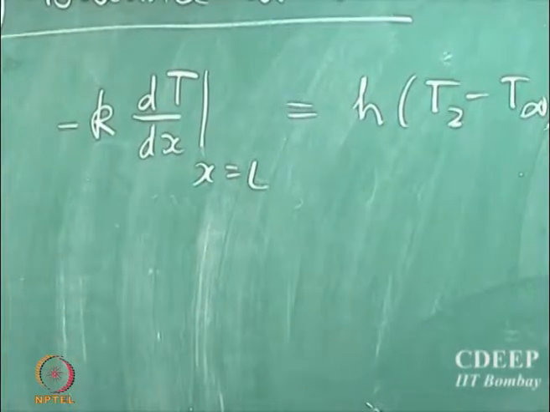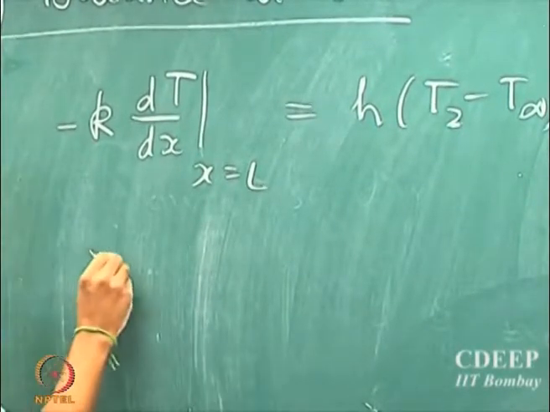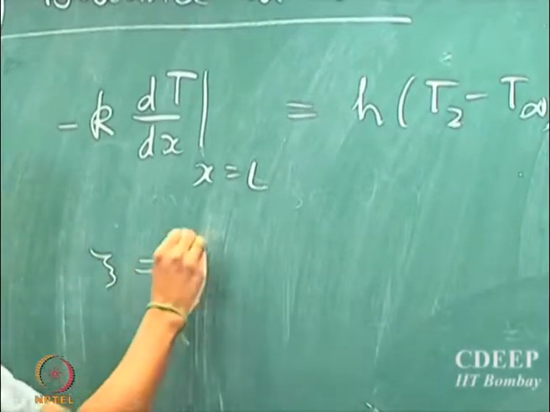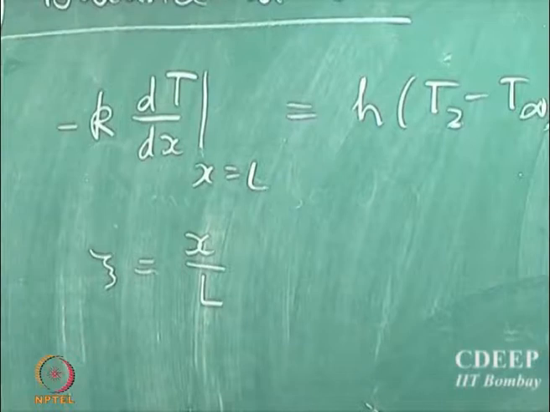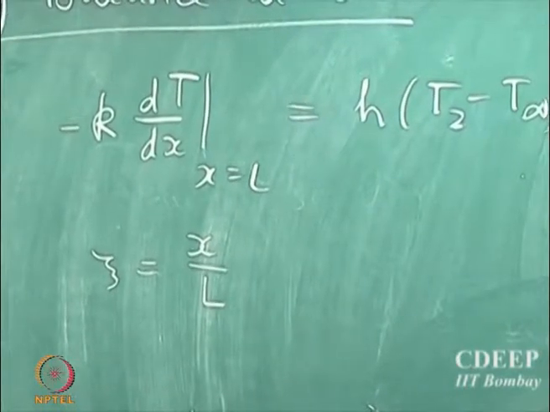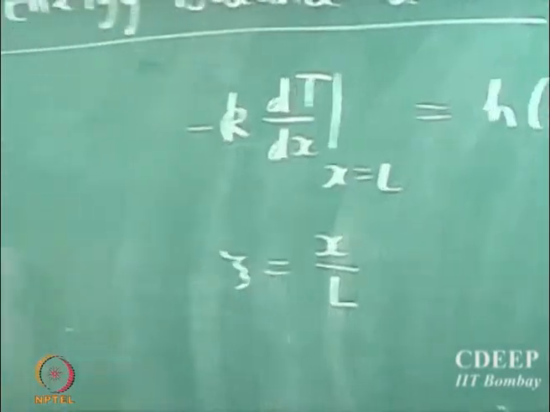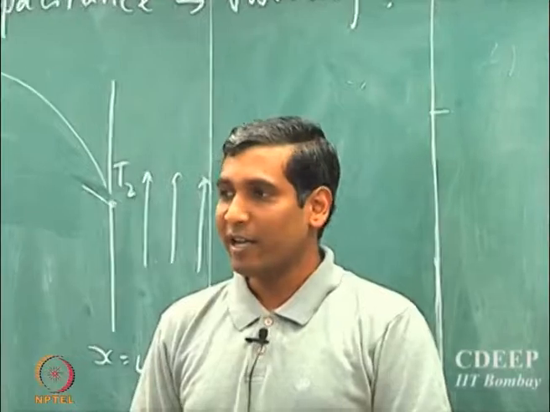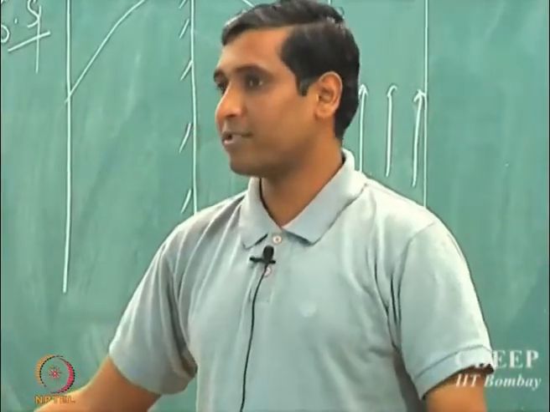Okay. So now supposing I define a variable called z, which is x by L. So now I scale the dimensions. Keep in mind that when I said when you lump it, the dimension of the system plays an important role. So when you want to compare the two rate processes, it is useful to non-dimensionalize the coordinate system.